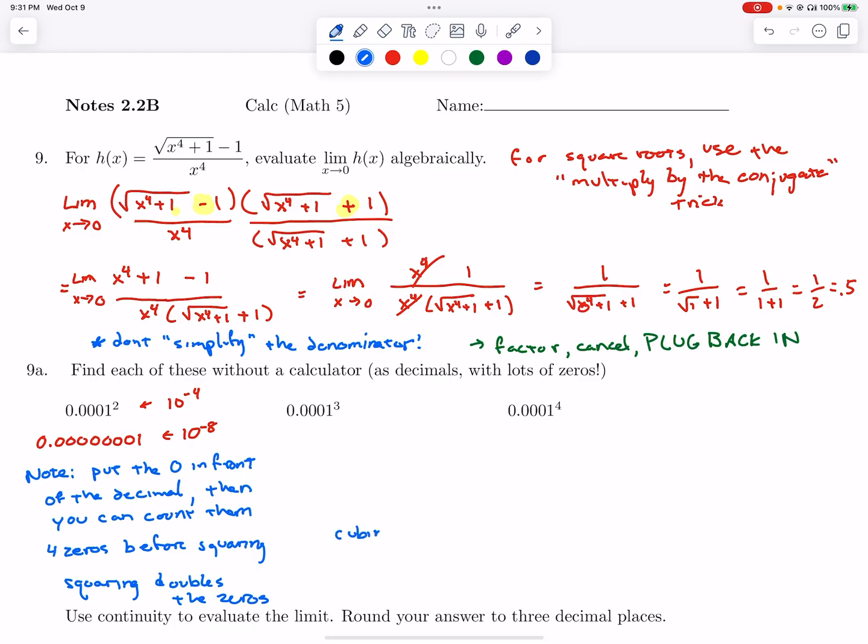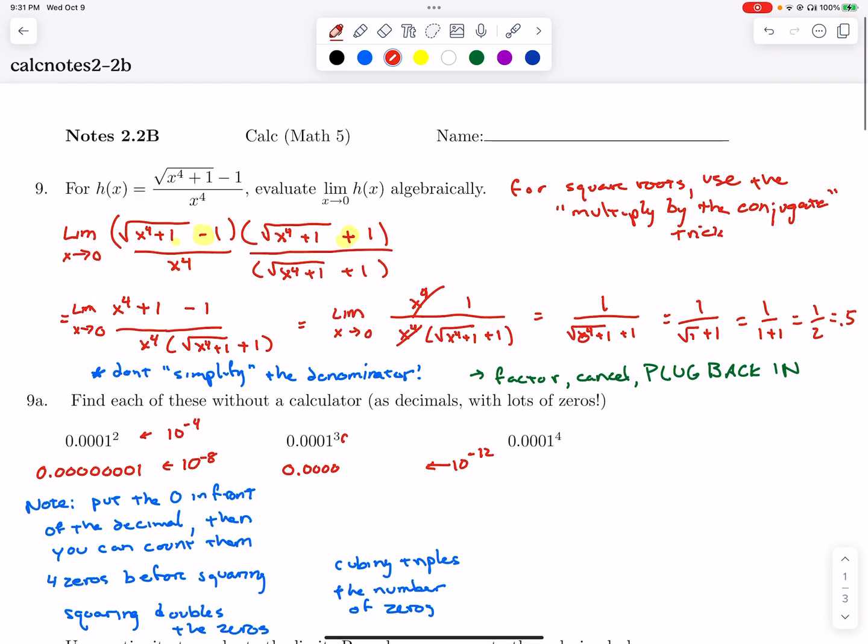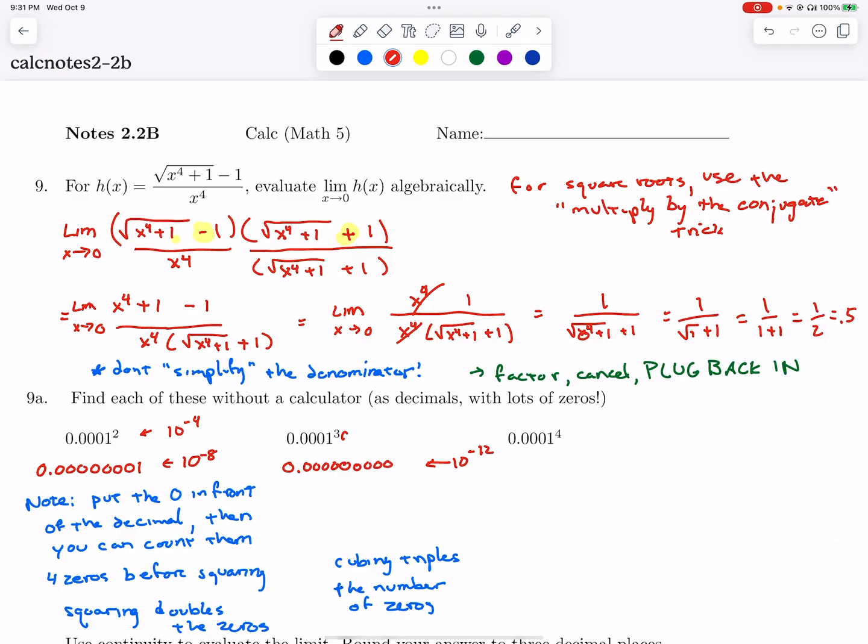Yes, cubing triples, because the number of zeros is the power of 10. So we start with 10 to the negative 4, and then we want to have 10 to the negative 12. 1, 2, 3, 4, 5, 6, 7, 8, 9, 10, 11, 12 zeros.